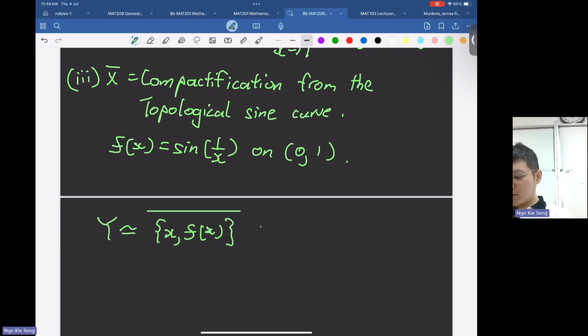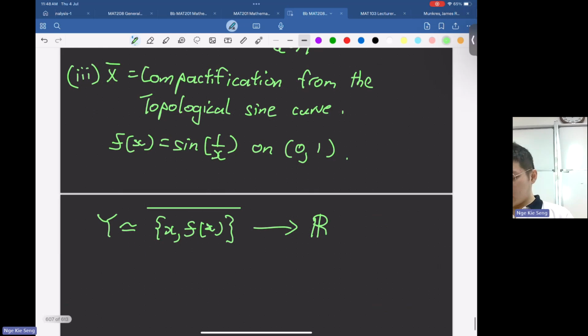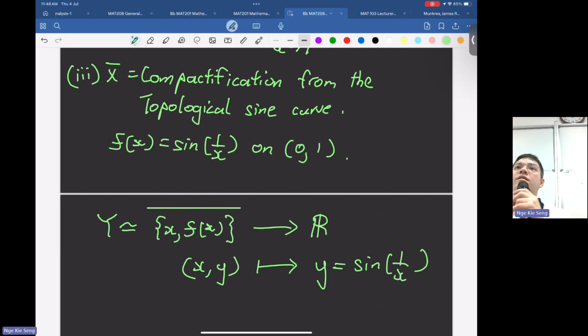We can just map it to the second coordinate, sending (x,y) to y. Then this will give the function sine 1 over x.